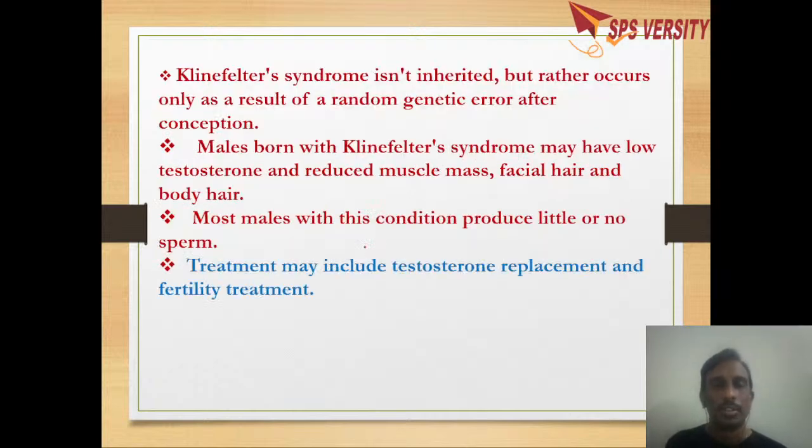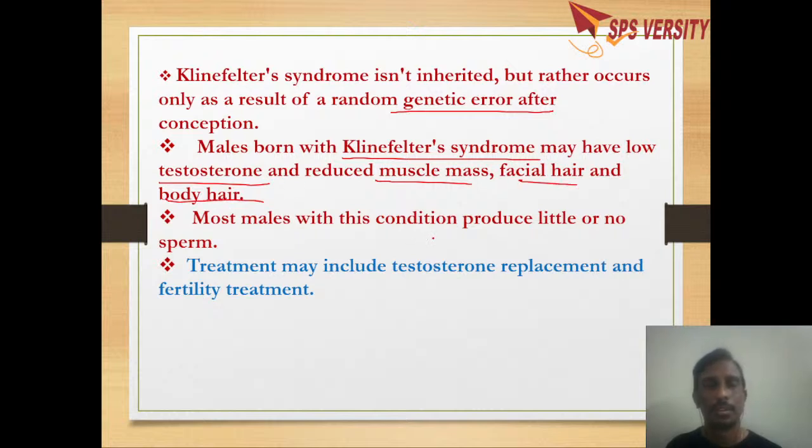It is not inherited, but it rather occurs due to genetic error. Generally it occurs in males. They may have less testosterone, reduced muscle, and reduced body hair and facial hair. And these males will produce very little sperm.